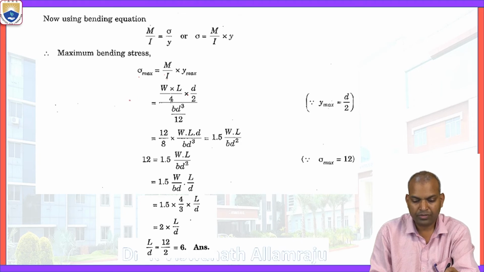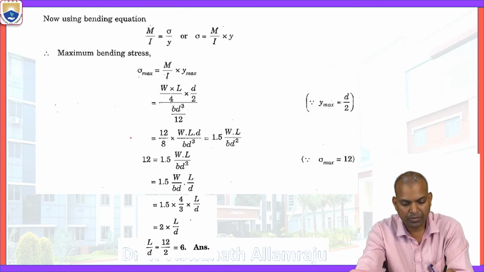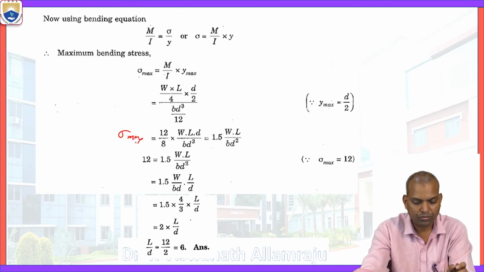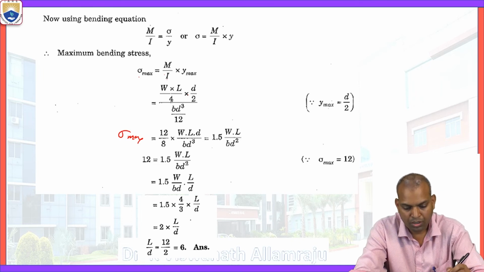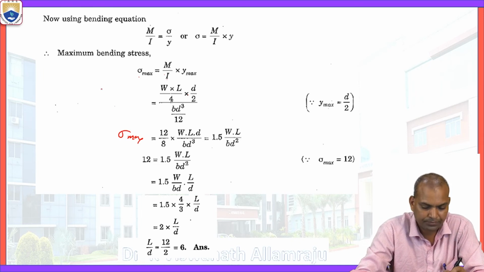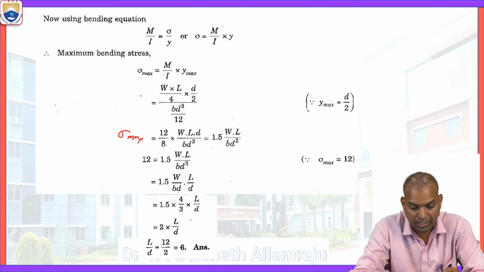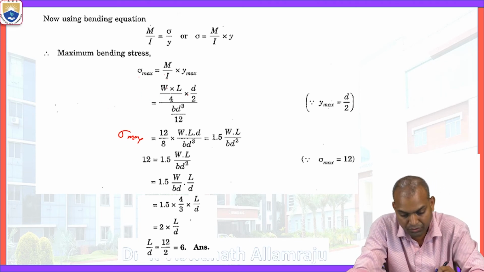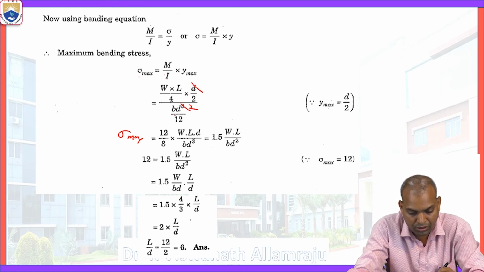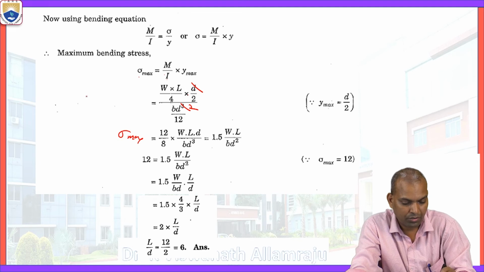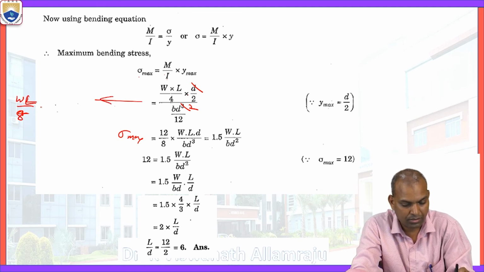Then sigma maximum in terms of W, L, B, D. After substitution we should be very careful: W L by 4 times D by 2 times 12 by BD cubed, which gives L by 8 into 12 by BD square.